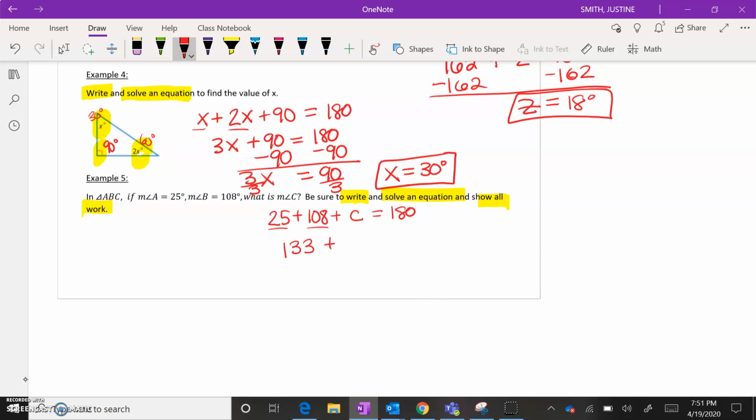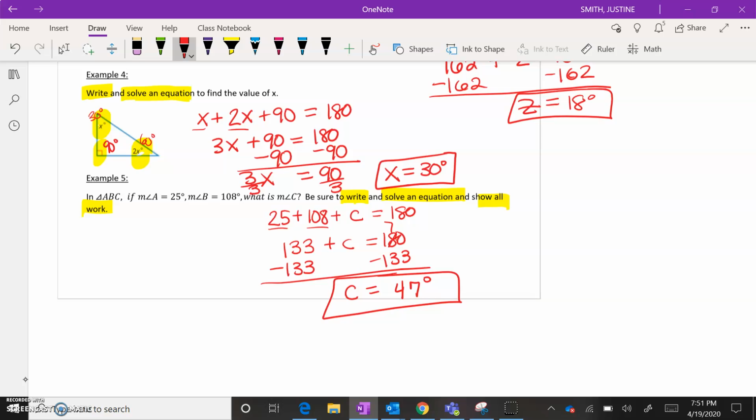Okay, plus C is equal to 180. Okay, so now I would want to subtract that from both sides. So I'm going to subtract 133. And when I do 180 minus 133, that should give me 47 degrees.